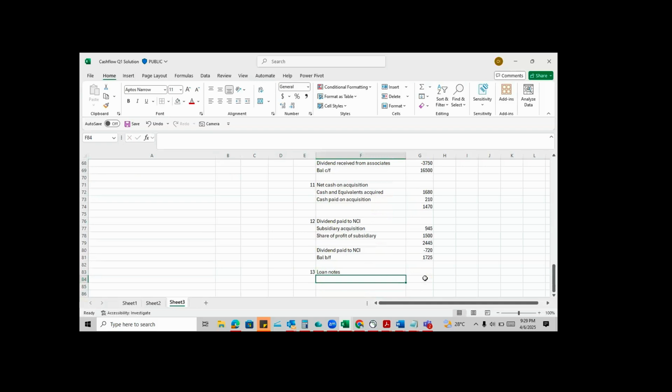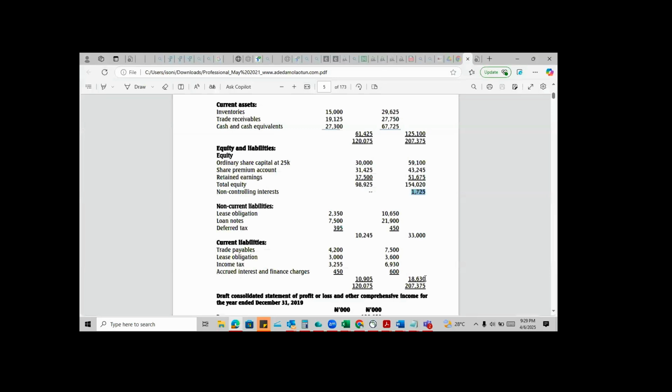It's time consuming because we are taking it small. The reason I'm taking it carefully like this is because there are not many questions there and I want to move on. All right. So our loan notes balance brought forward was how much? Just stay with me. We'll wrap up very soon. 7,500.